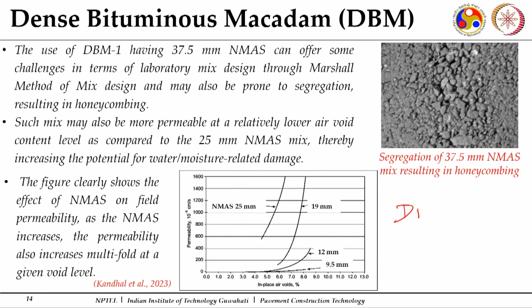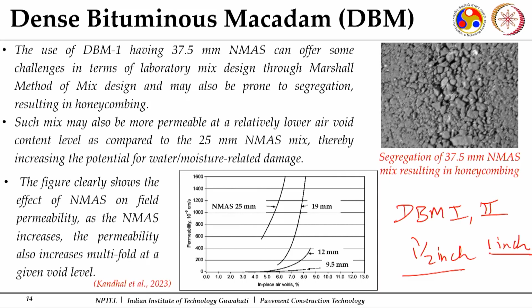Now in this one also, it is very important to smartly pick up the gradations which are more usable. In the previous case we mentioned DBM gradations 1 and 2, and in one case the aggregate had a size of 1.5 inch as NMS, and the other had 1 inch.